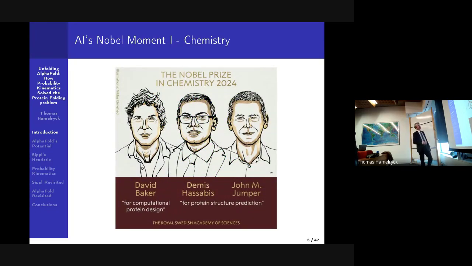Last year, this resulted in a Nobel Prize. The DeepMind people and also David Baker shared the Nobel Prize for solving the protein folding problem, the protein structure prediction problem. This was AI's big Nobel moment, the first one, actually. They got the Nobel Prize in chemistry for this.